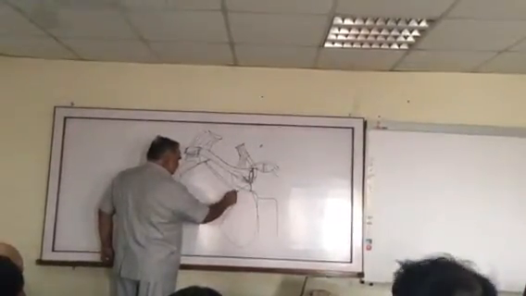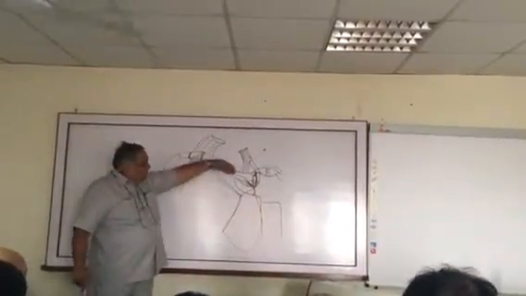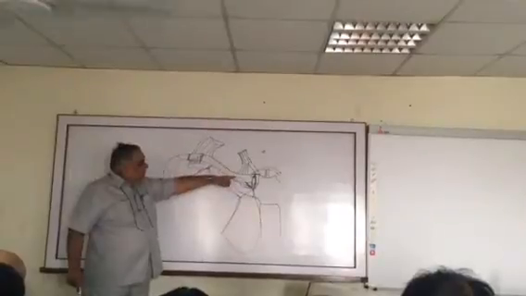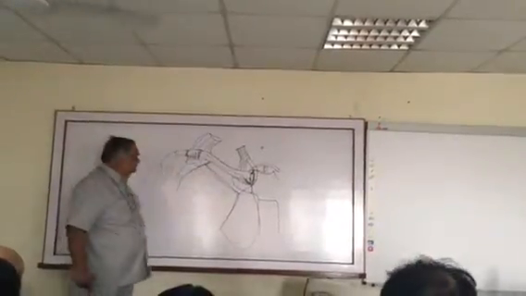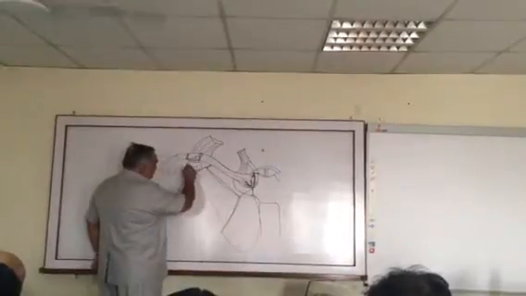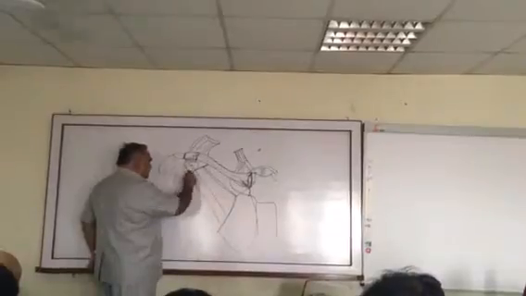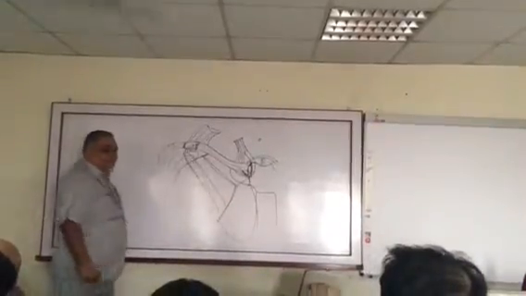Huge muscle. All right. From the inferior border of the clavicle, from the coracoid going on to the ribs, you have the pectoralis minor.